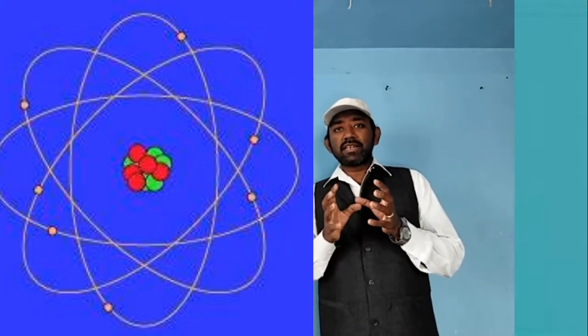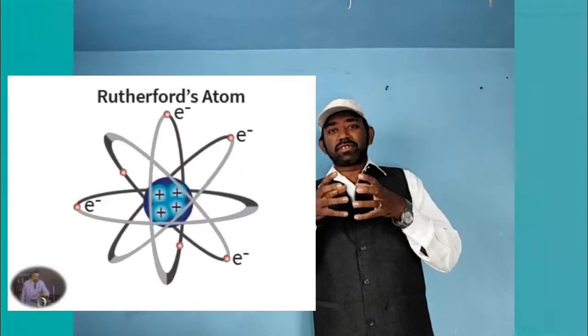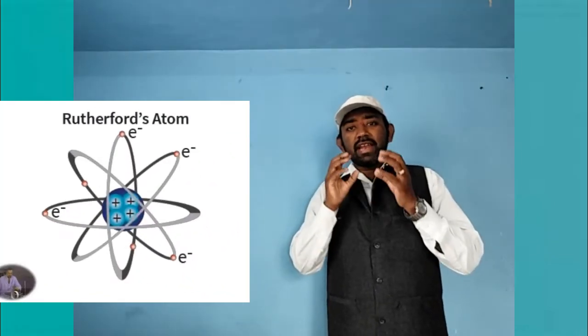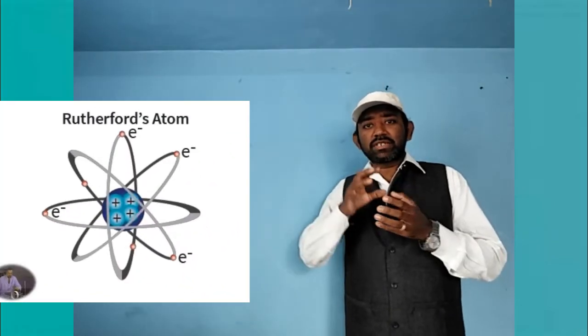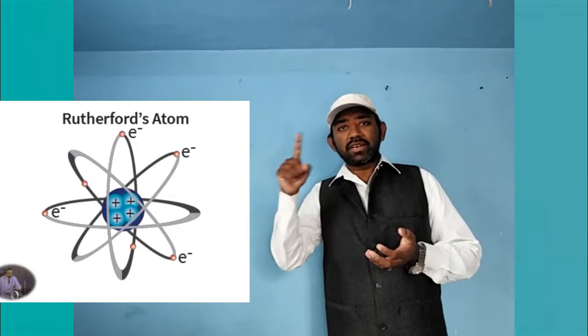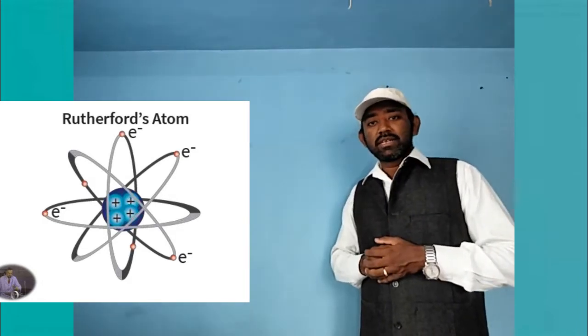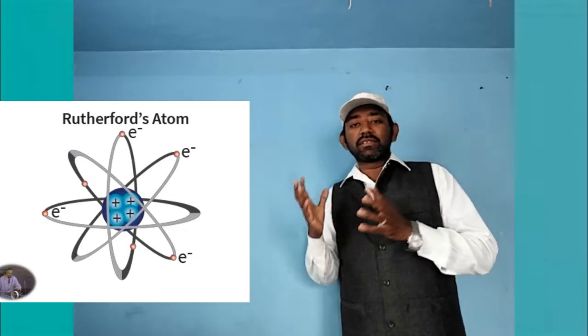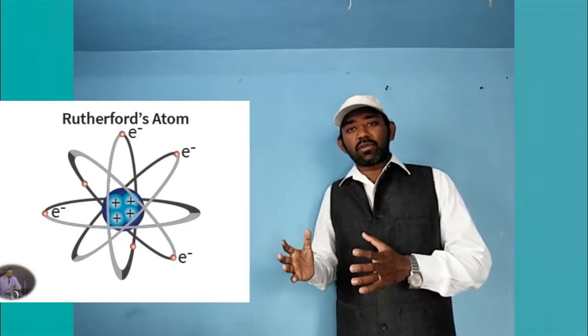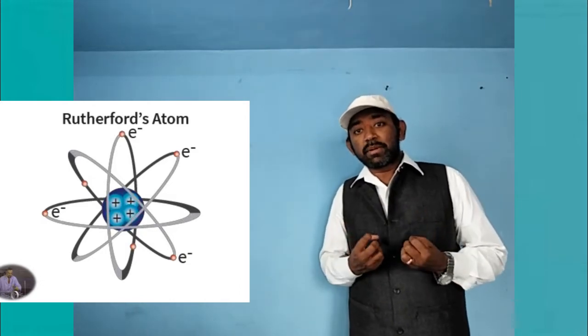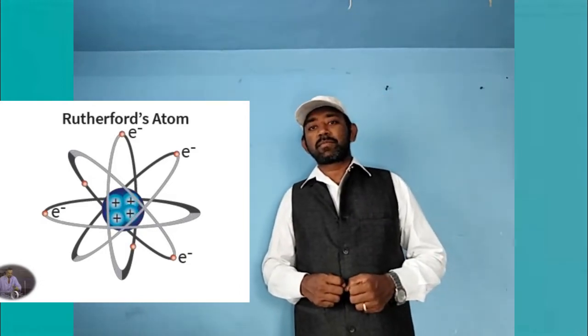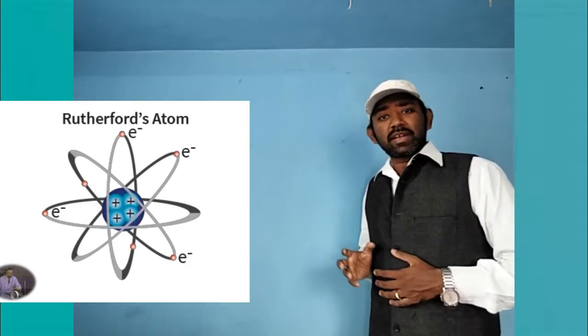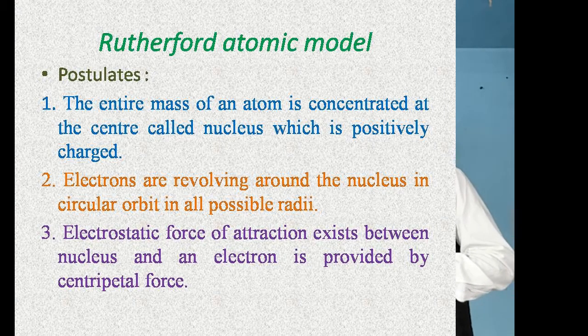The nucleus is positively charged. The electrons are negatively charged and revolve around the nucleus in circular orbits. There is an electrostatic force of attraction between the nucleus and the electron, which provides the centripetal force. These three concepts were explained by Rutherford.